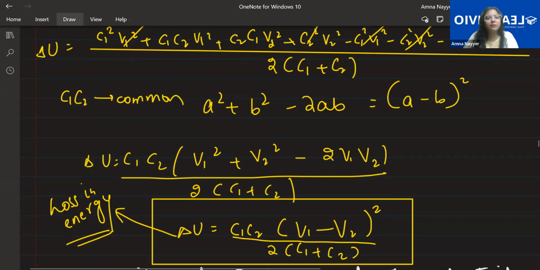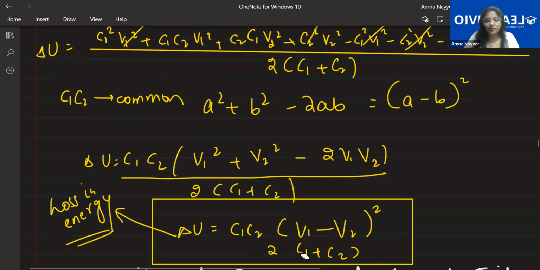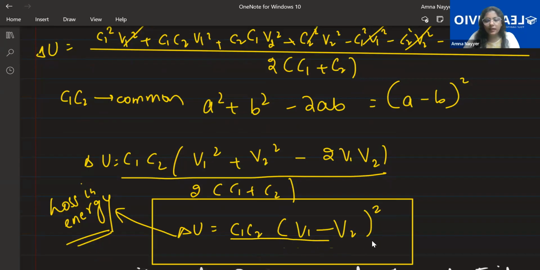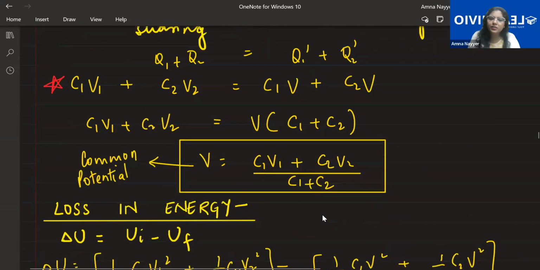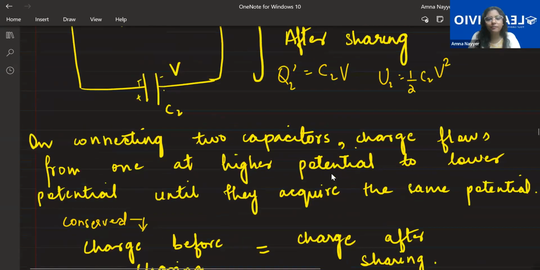That is, C1 into C2 into V1 minus V2 square over 2 into C1 plus C2. This is the formula for it. So just remember the formula, based questions only come. Earlier this derivation was there, now it's not there.